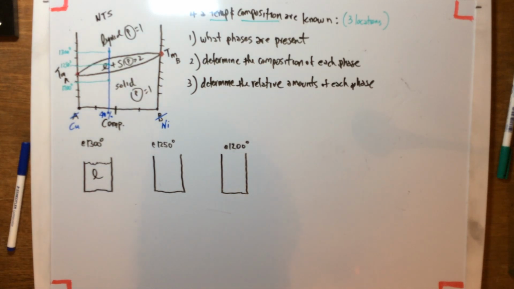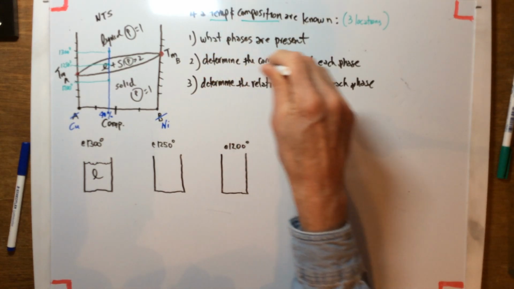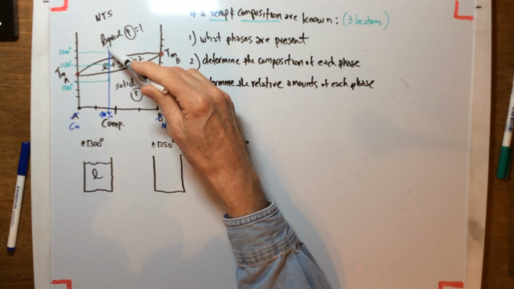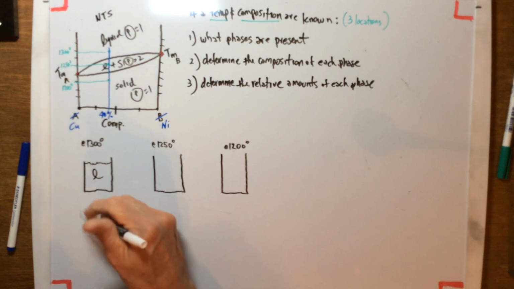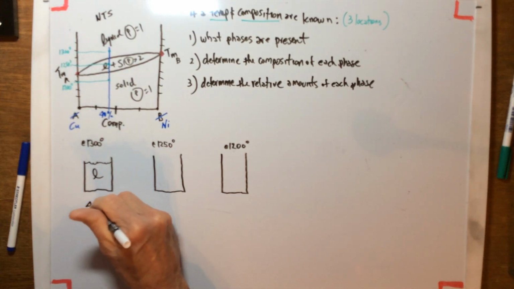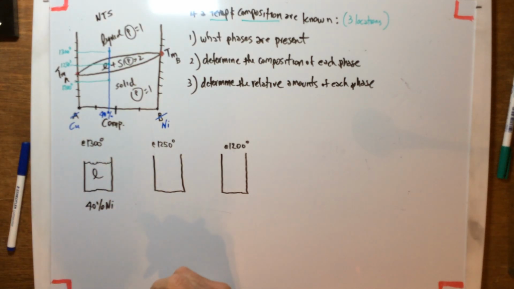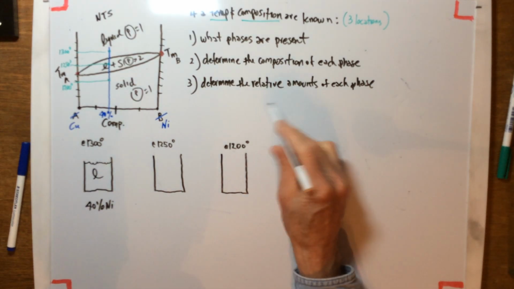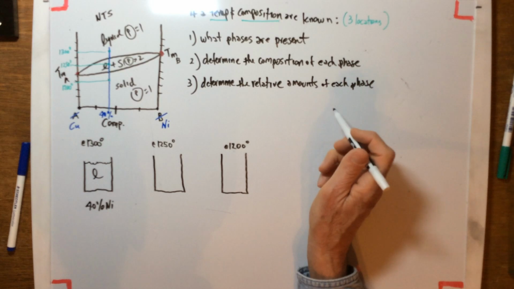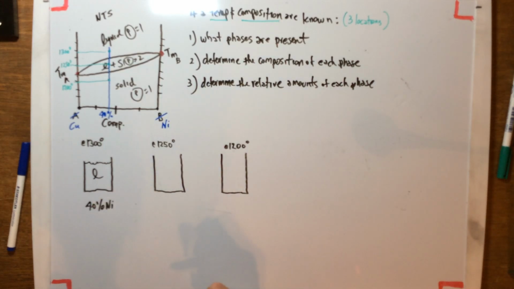And from that, we're going to be able to determine the composition of each phase. Well, the composition clearly states that this is 40%, so at that point, the liquid is 40% nickel. And for the relative amounts of each phase, it'd be 100% liquid there.